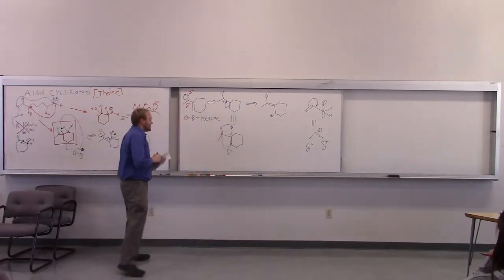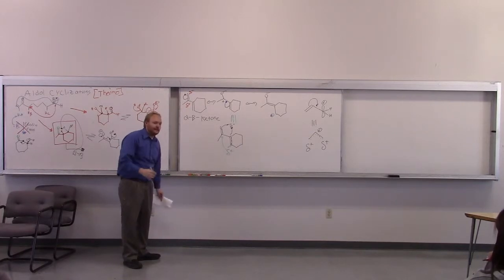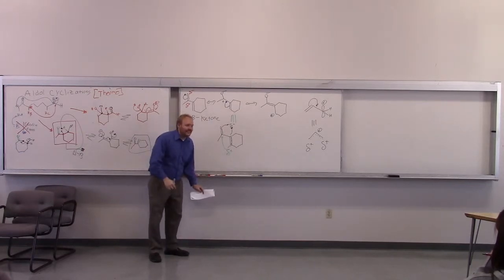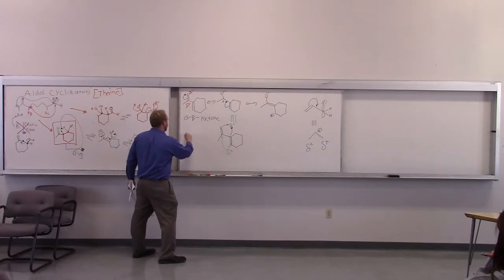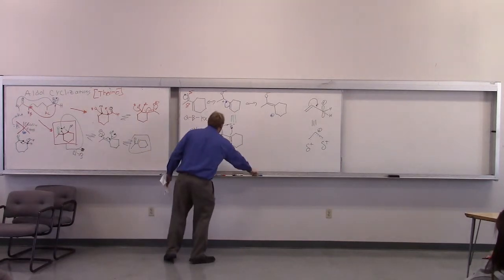But nothing changes. So in an alpha, beta unsaturated carbonyl, whether it be a ketone or an aldehyde or an ester or an amide or any electronegative group like a nitrile, it has the same kind of deal. So this is the same kind of deal here with a nitrile or a nitro group or whatever.